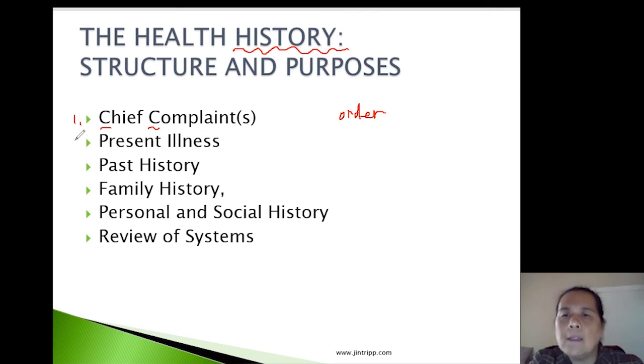The second one is anything related to the chief complaint, the history of personal illness. The third one is past history, meaning the patient possibly has some other issue not directly related to the chief complaint. Then we talk about family history, like family members having some illness.